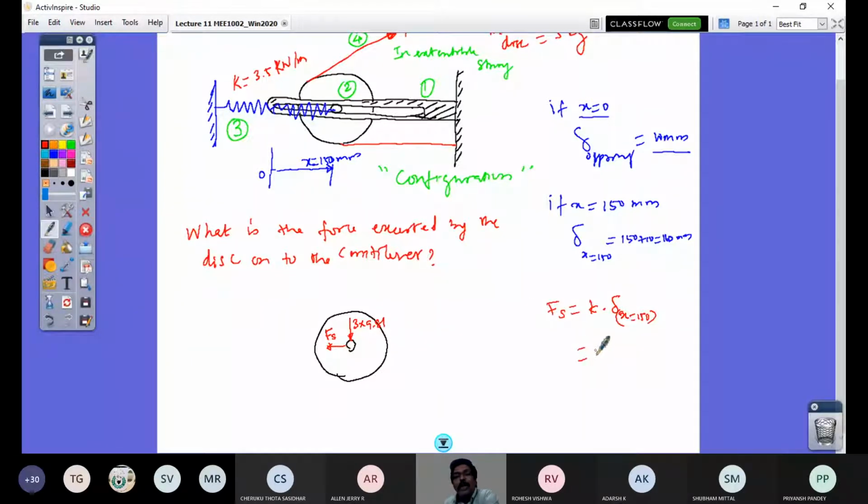So what would be my value? It is 3.5 kilonewton, so 3.5 into 1000 Newton per meter into delta, that is 160 mm, the deformation of the spring. So it is 0.16 meters. So this product would be my spring force, and that would act to the left. So that is the spring force acting.